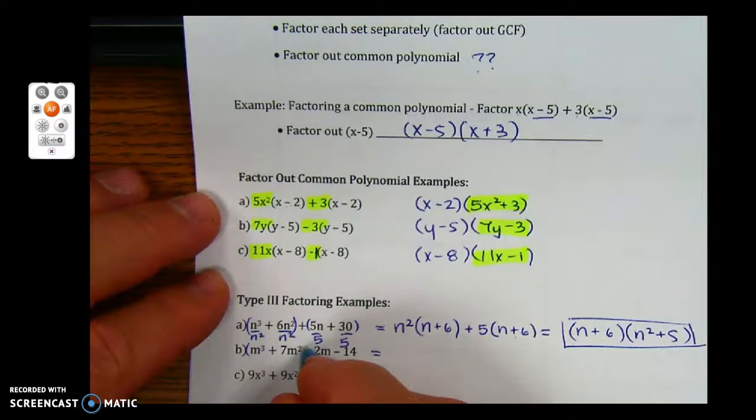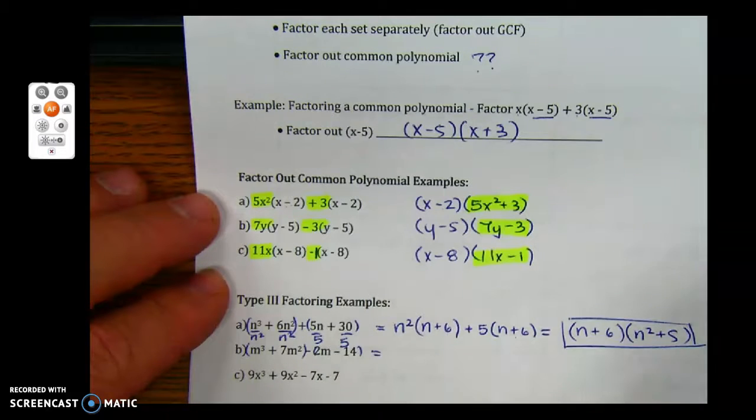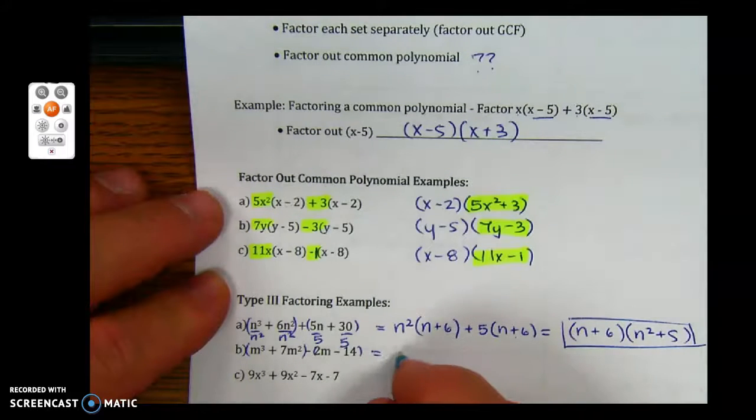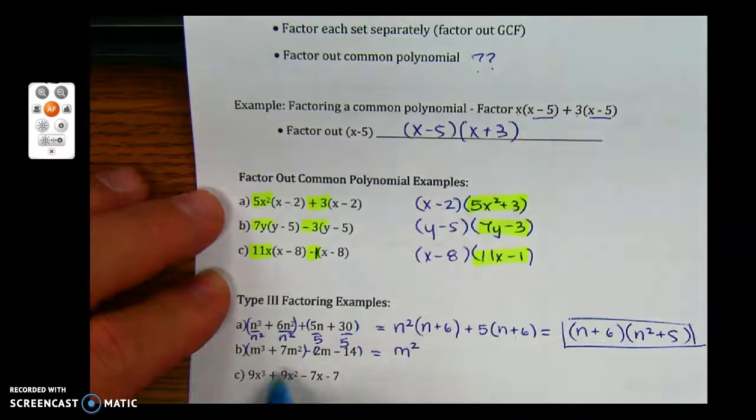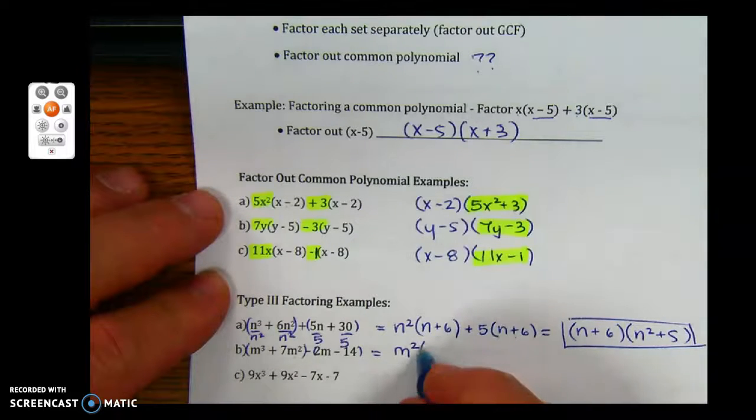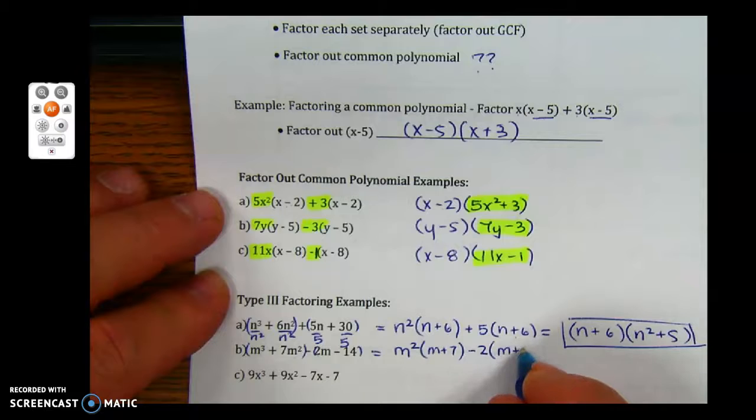You got a group here. You got a group here. When you have a negative sign right here, you're going to want to factor out a negative. So watch closely. My GCF in this group is m squared, and that leaves me with m plus 7. My GCF in this group is negative 2, and that leaves me with m plus 7.